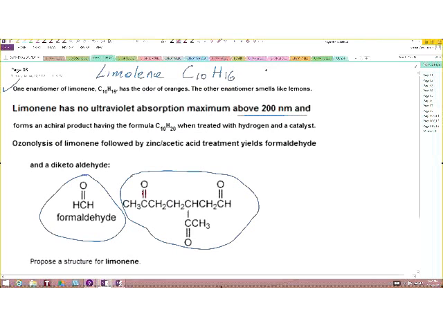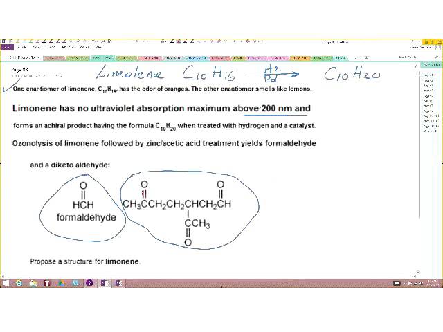Now they say this molecule, limonene, when they do hydrogenation, gives another molecule with a formula C10H20.